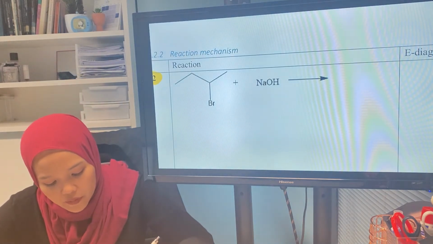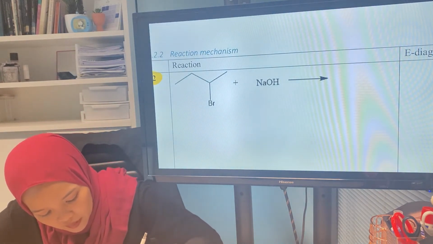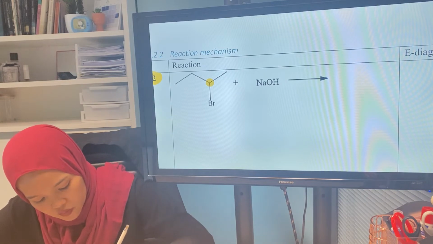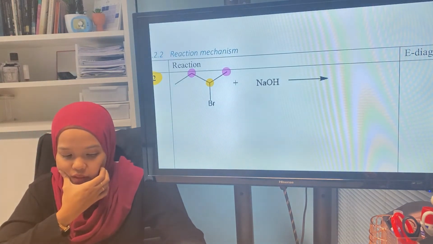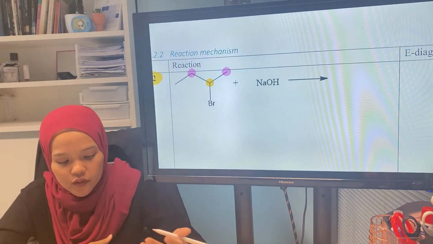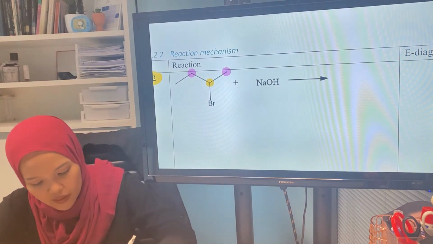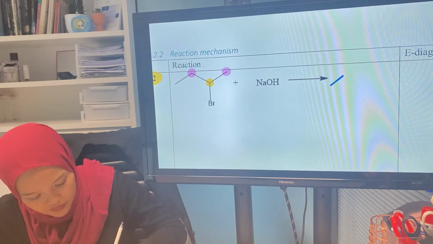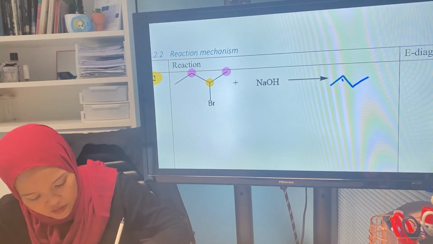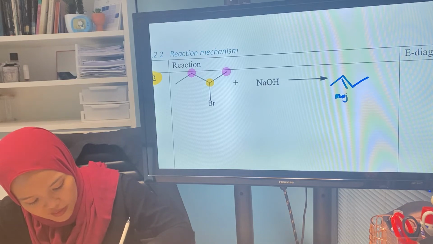So the product is going to form between the alpha and the beta carbon, correct? Which one is going to be the major product and which the minor product? It is going to be like this. So this is going to be the major product.